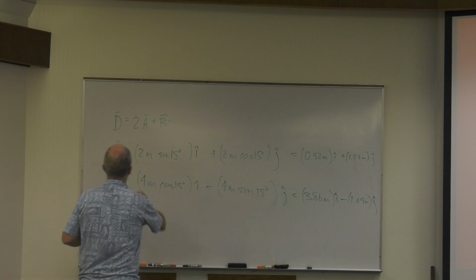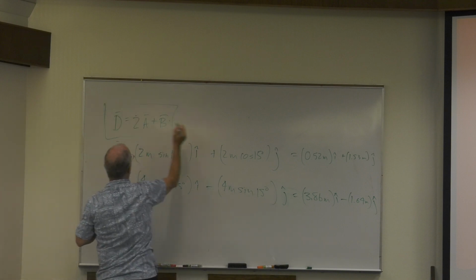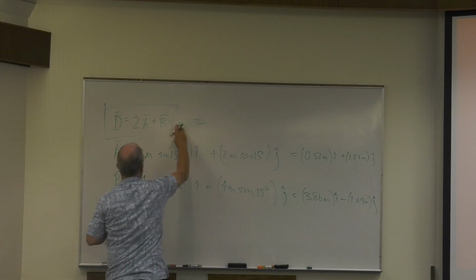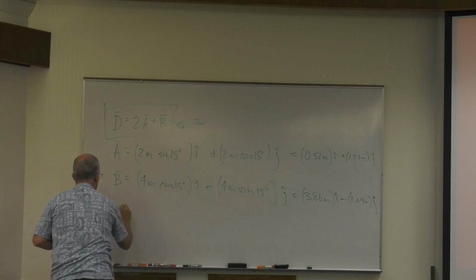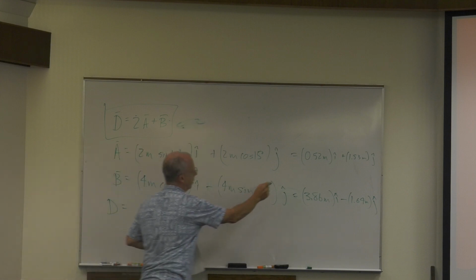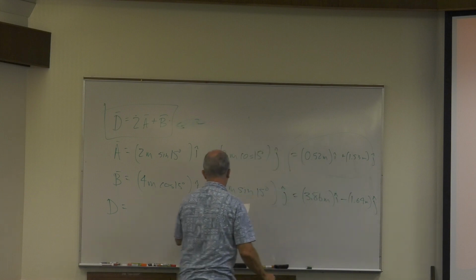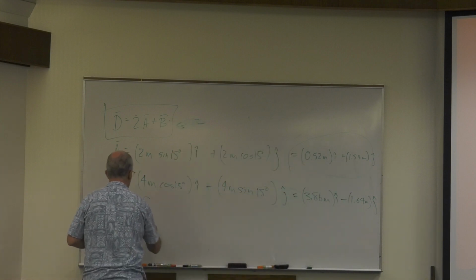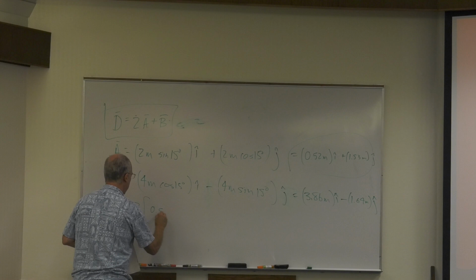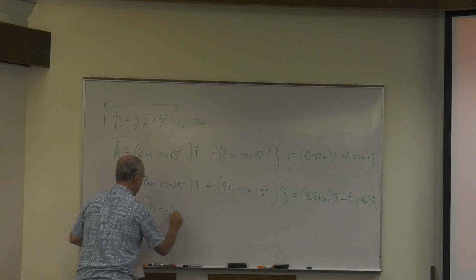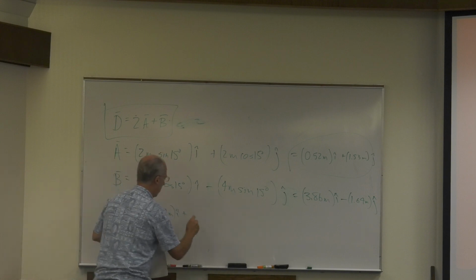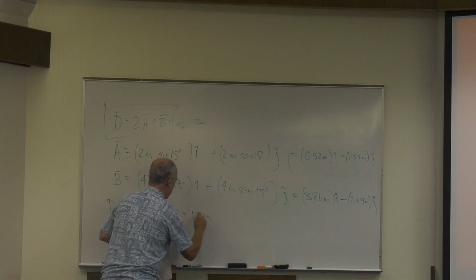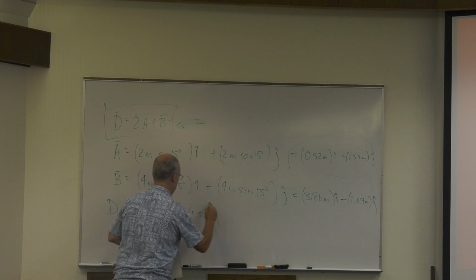So then we just want to do this. Let's do it down here. For D, we have 2A, so I'm just going to use this, so we have 2 of those: 2 times 0.52 meters in the i plus 1.53 meters in the j.